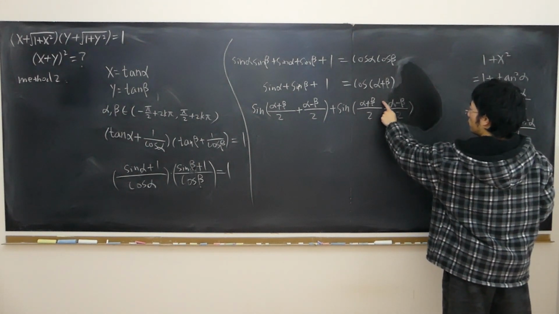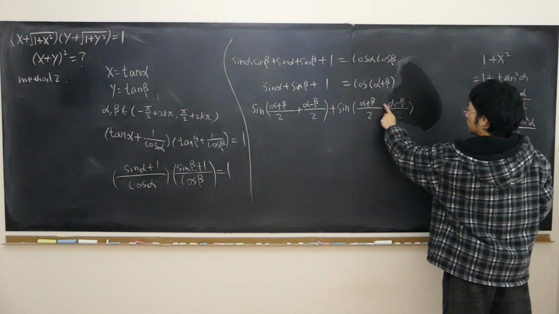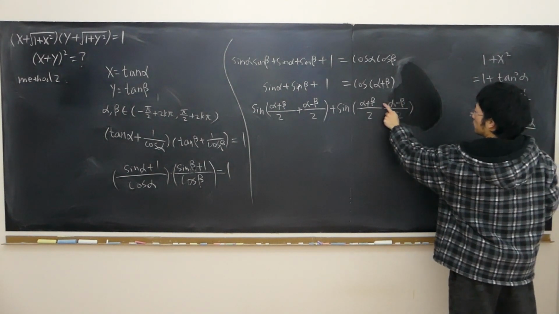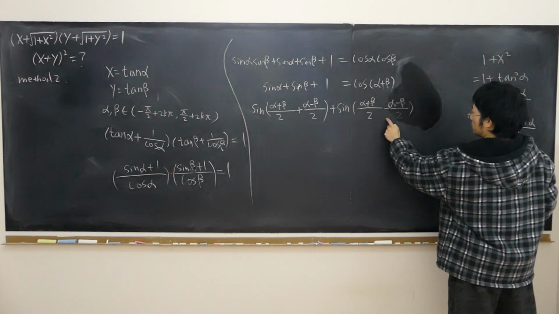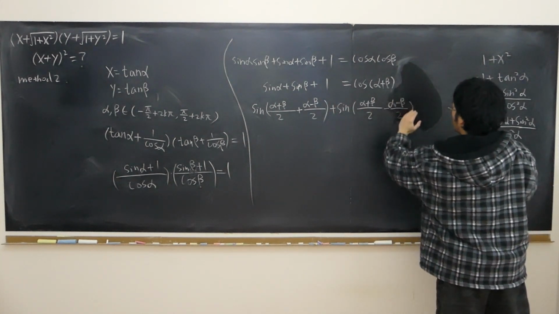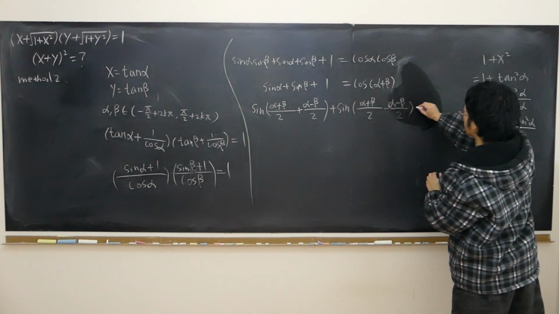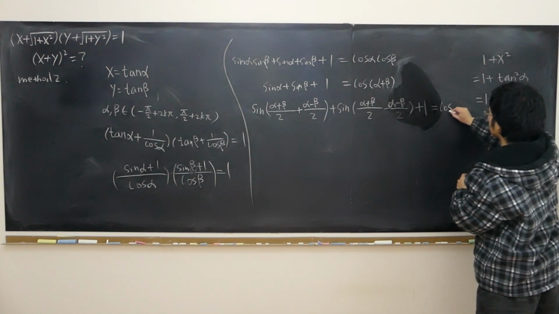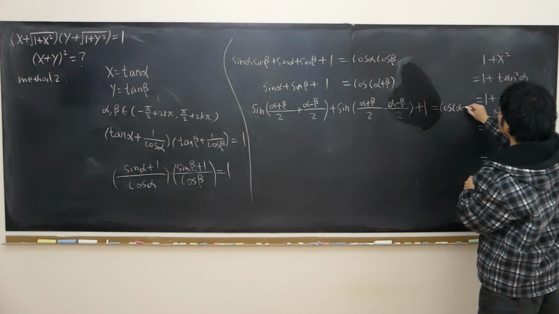Alpha minus alpha cancel out, plus beta minus minus beta becomes plus beta, so twice beta over 2. That's beta, the same thing. So this is fine. Plus 1, don't forget that, equals the right-hand side, cos of alpha plus beta.